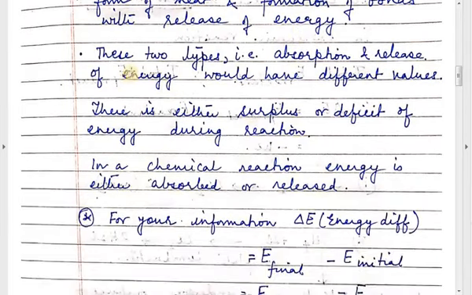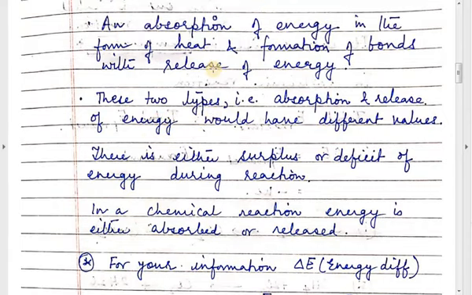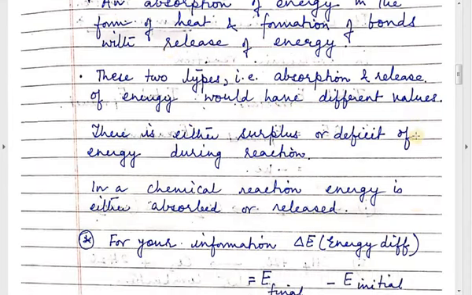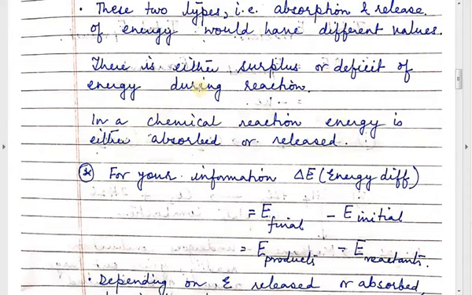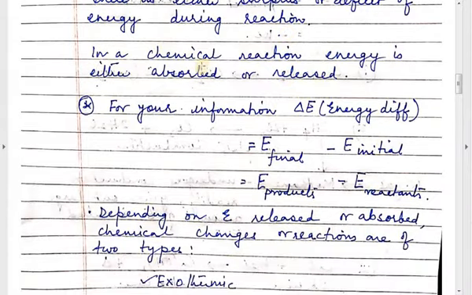So these two types, one is absorption and another is the release of energy, would have different values. So there is either surplus or deficit of energy during the reaction. So in a chemical reaction, energy is therefore either absorbed or released.